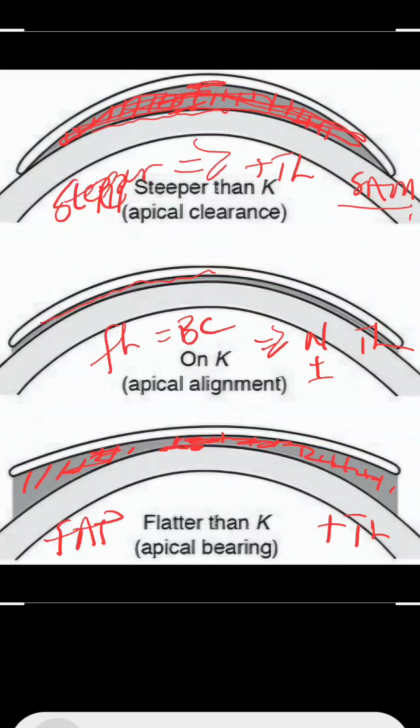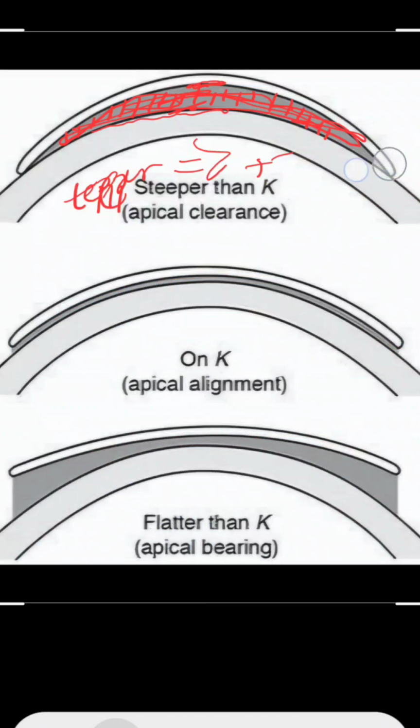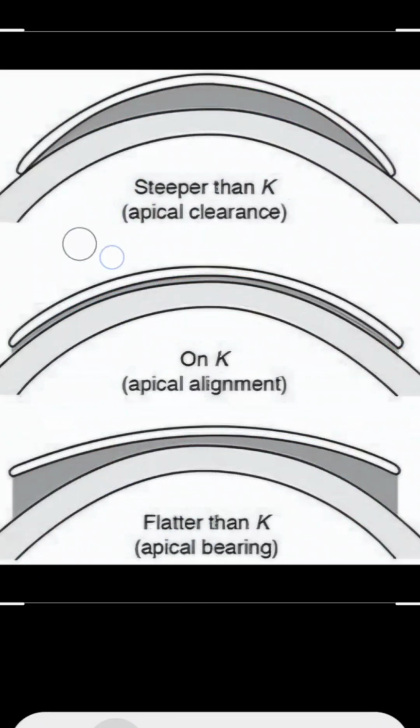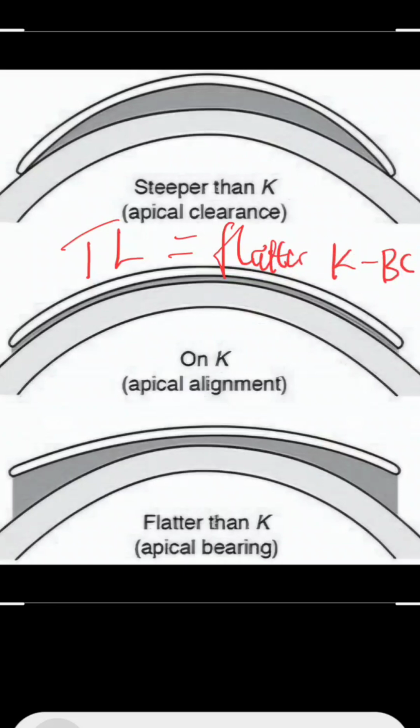This is the basic concept of SAM and FAP, or anything that has to do with tear lens formation. For recap, tear lens is equal to the flatter K minus BC. So this is the formula for you to get your tear lens power.